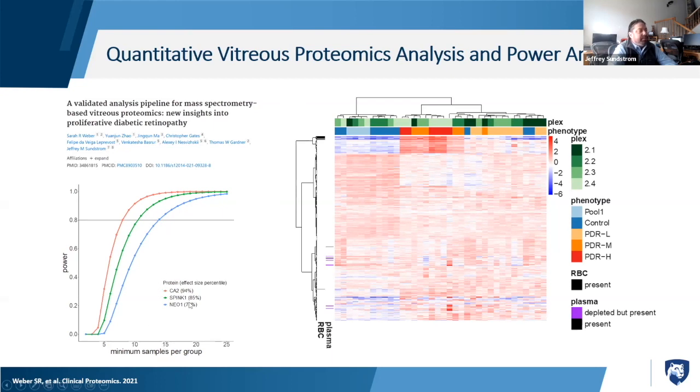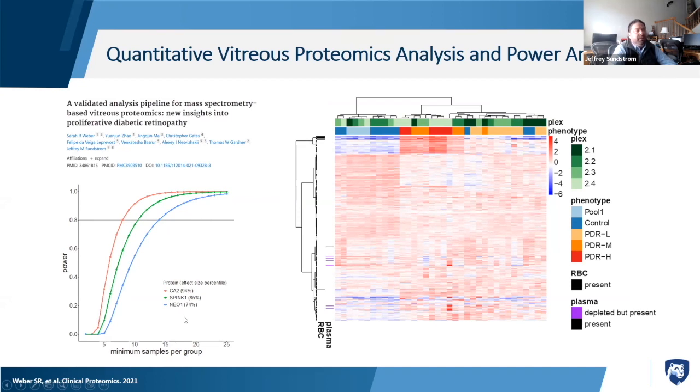So it turns out, depending on the effect size that you're looking for, you probably need somewhere between 10 and 15 samples per group, which is fantastic. So by running the samples as a 10-plex, we obviously cut the cost by 10-fold. And so now we're set up to be able to do large-scale vitreous proteomics across several different retinal diseases.